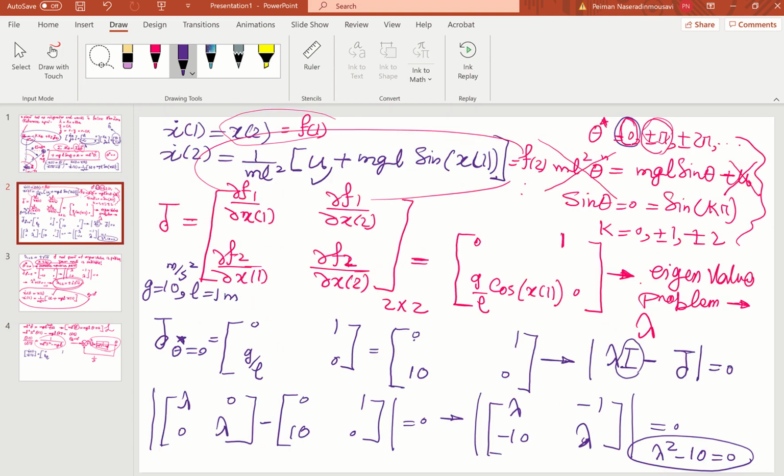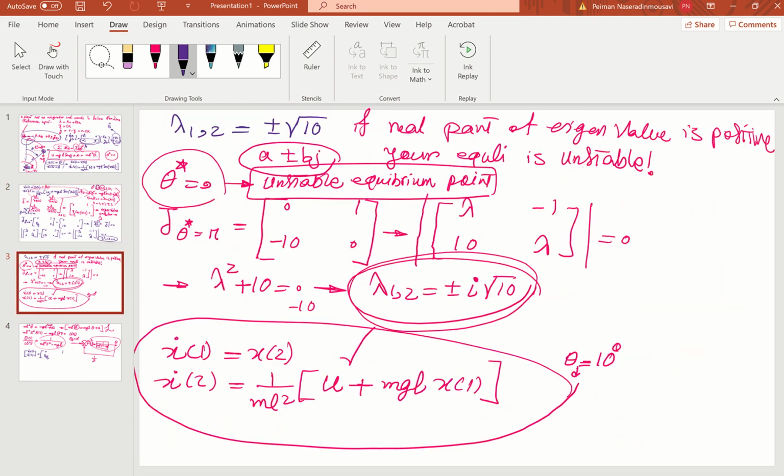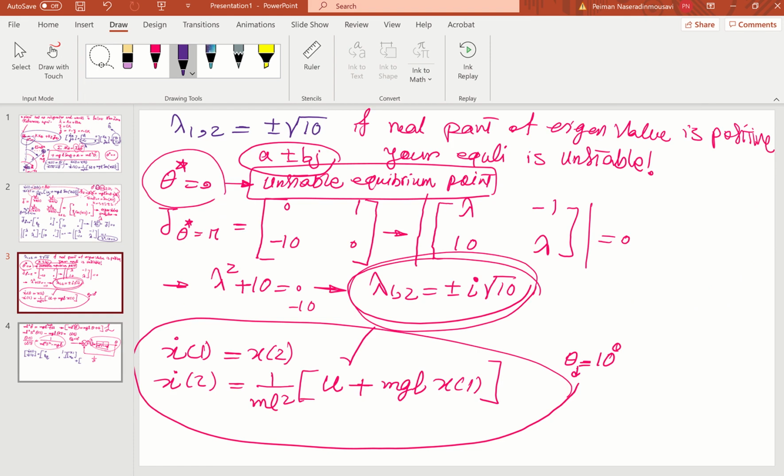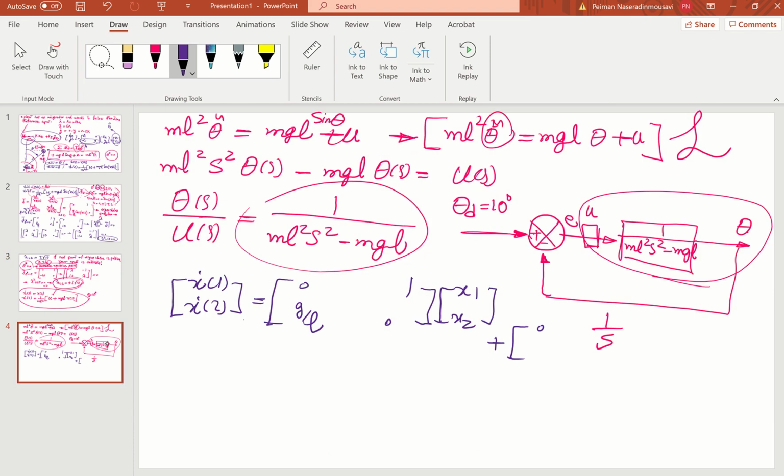See, g over L, and here is 0, times x1, x2, plus your u, look here, is 0, 1 over ml squared times u.